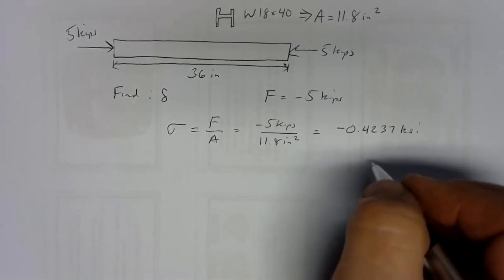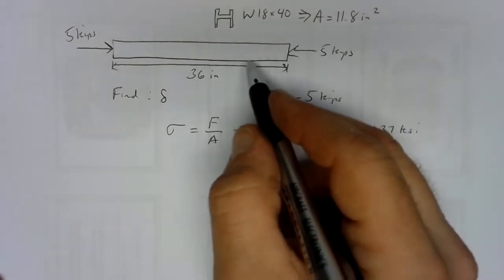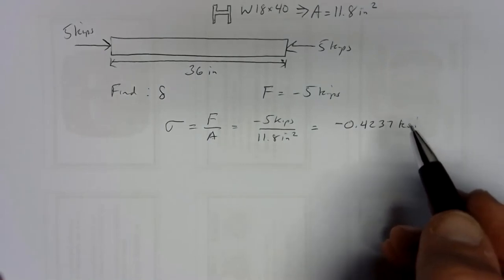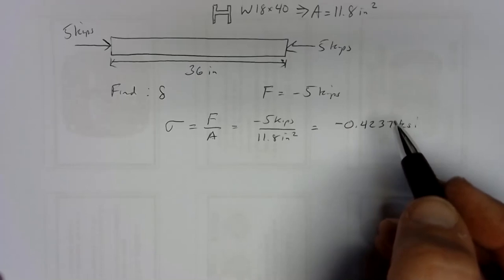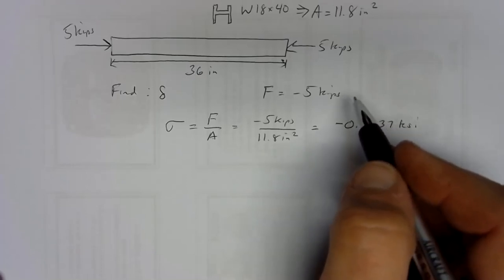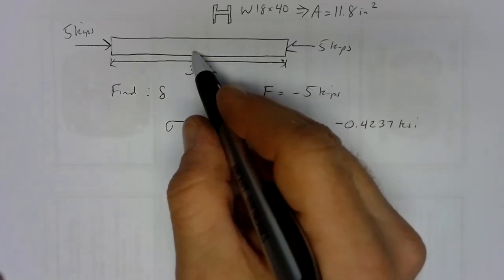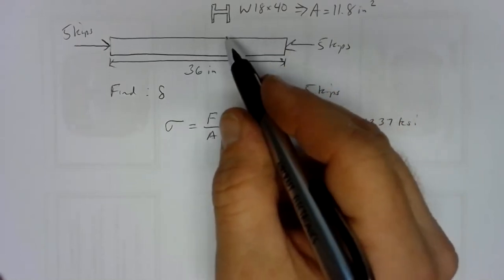Now that's a pretty low amount of stress. In fact, it wouldn't even really be a concern to look up whether this is anywhere near the limits, because we don't even have a limit on compression. Materials don't tend to fail in compression in the same way they do in tension. In tension, they tend to eventually form a crack that weakens the structure and causes it to fall apart.